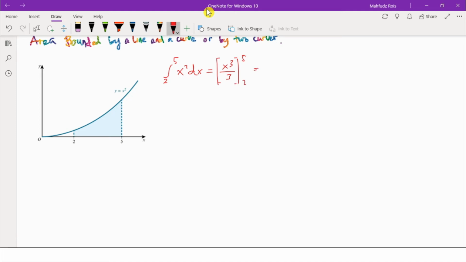So we substitute 5 first, so 5 cubed over 3, subtracted by 2 cubed over 3, equals 125 over 3 minus 8 over 3, or 100, how many?